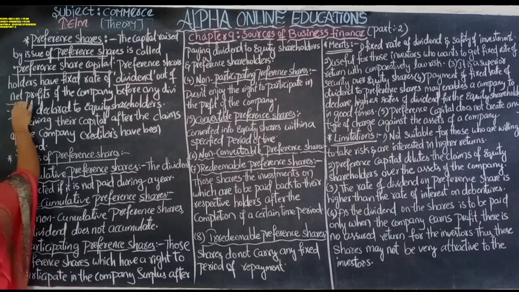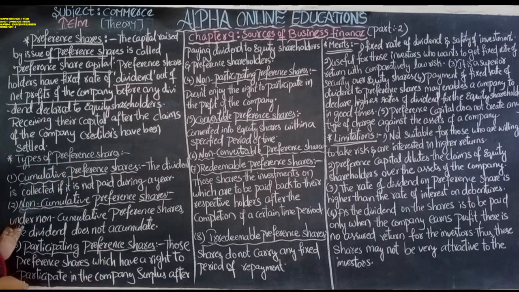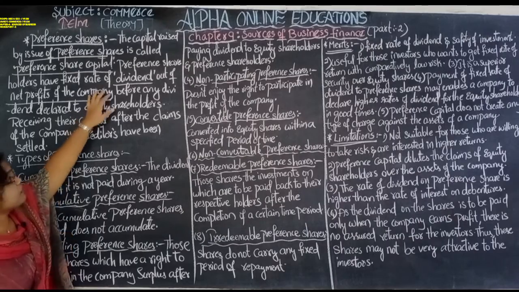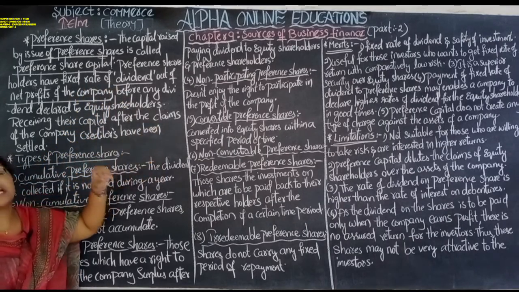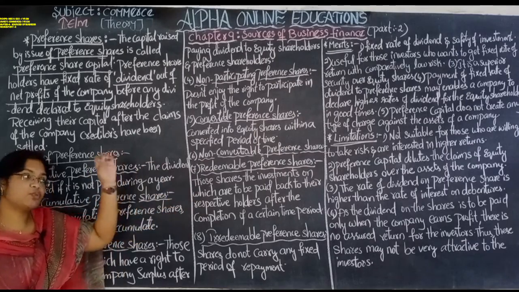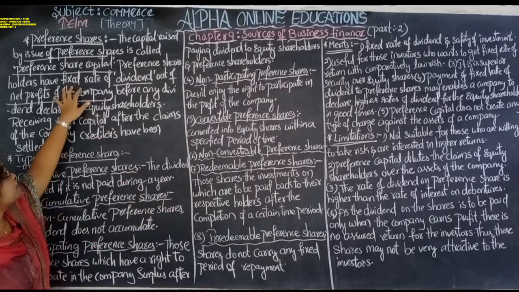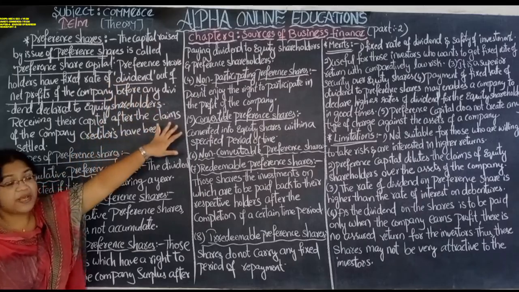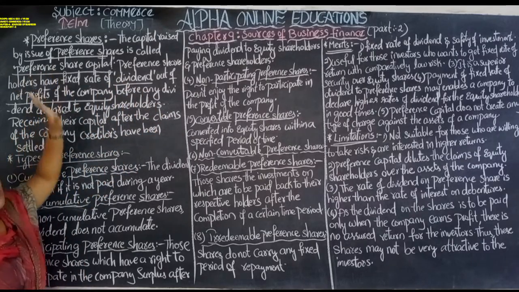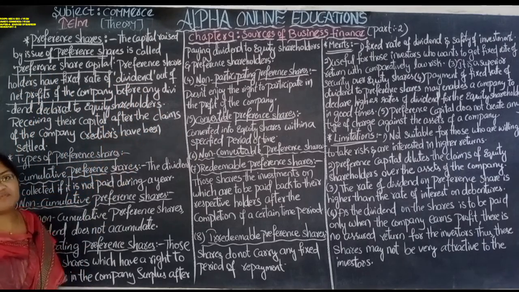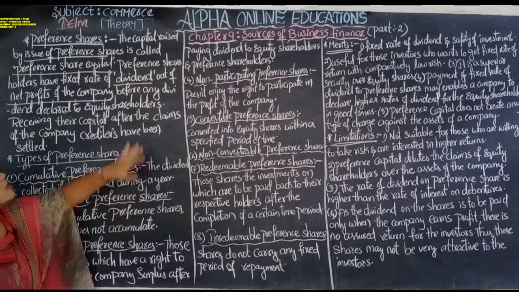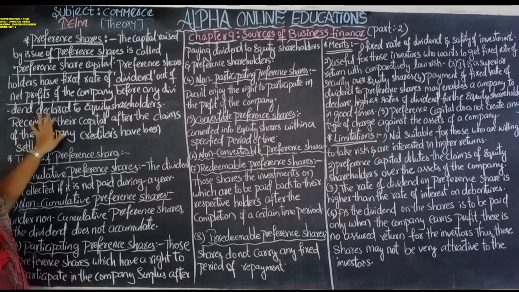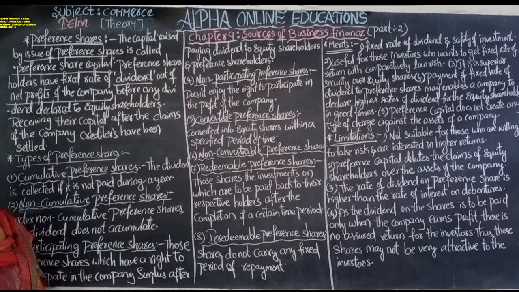If the company gets a net profit, the fixed rate of dividend, 10%, 15%, 30%, whatever that percentage, is given to the preference shareholders before any dividend is declared to equity shareholders.